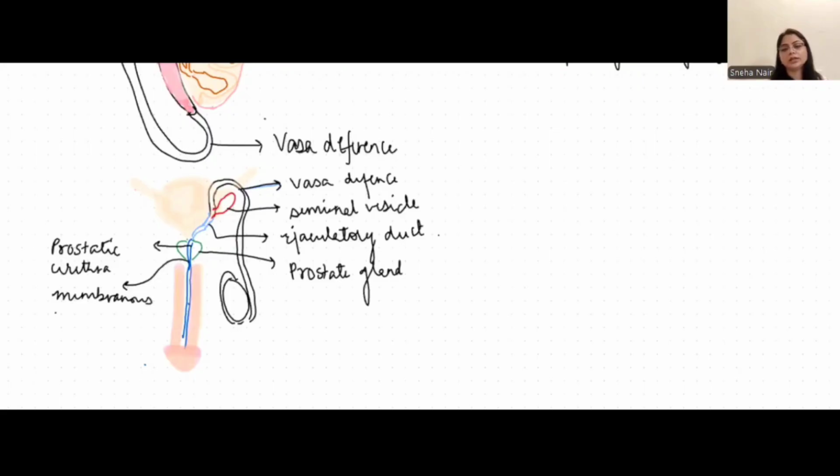And then this part of the urethra that passes through the penis is called penile urethra. And then finally, urethra opens outside through an opening called urethral meatus.